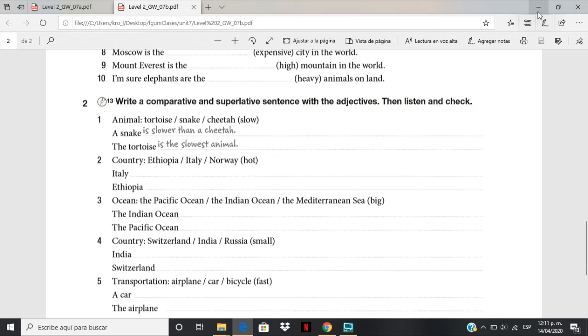Slower than a cheetah. The tortoise. Okay, now listen and try to check your answers, yes?